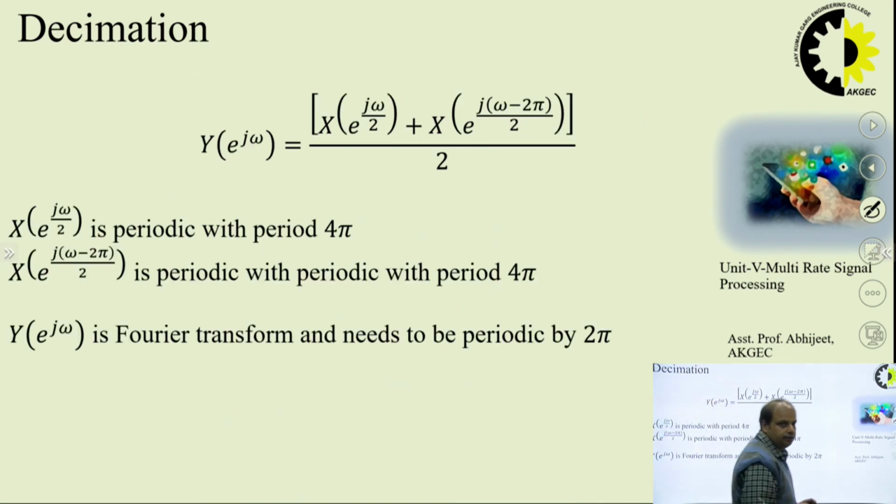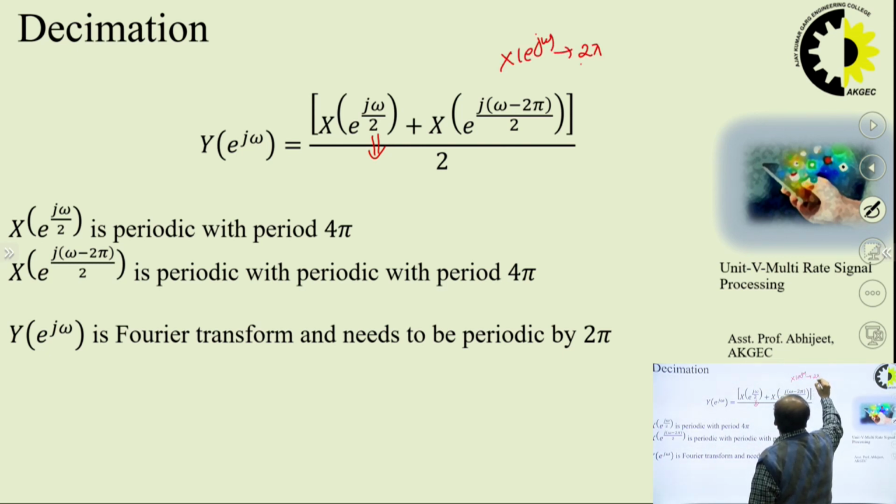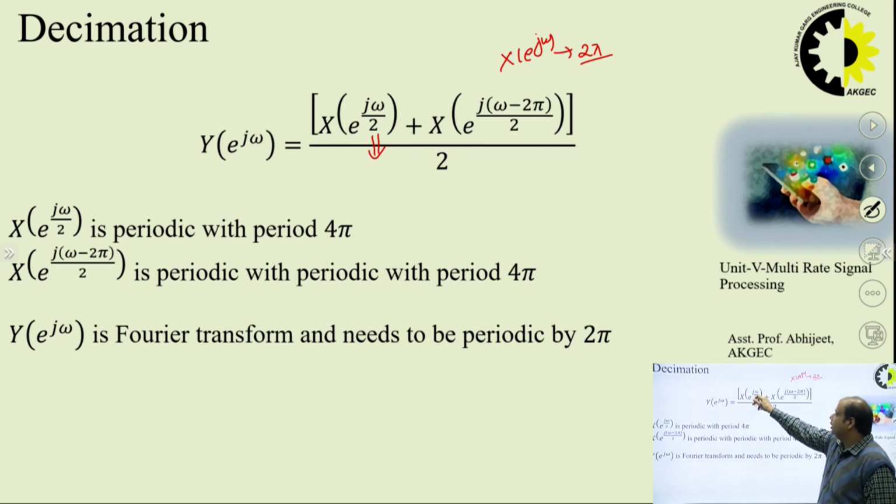So if I look at it very importantly, understand that capital X of e raised to j omega has a period of 2 pi. If the independent variable is divided by something, the period gets multiplied by it. So it has a period of 4 pi.